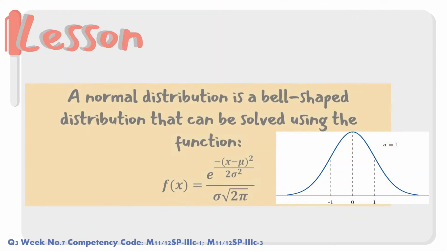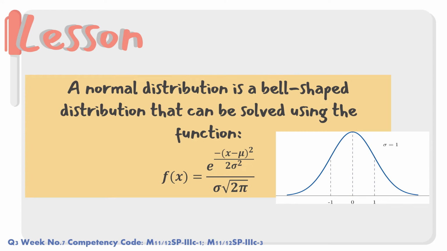The normal random variable is a continuous random variable x in the normal equation as shown. Here is the normal equation. Here, the Greek letters sigma and mu are parameters that represent standard deviation and population mean, respectively.